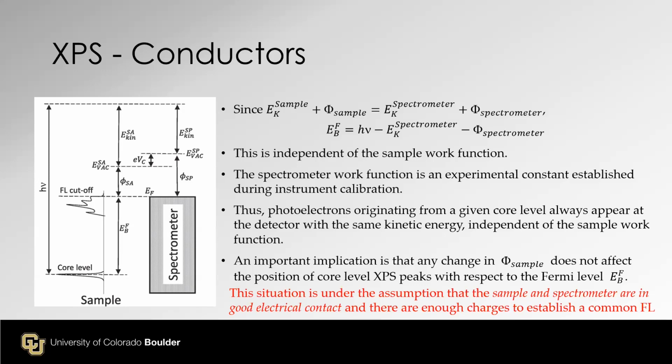The difference is always the Fermi level. This situation is under the assumption that the sample and the spectrometer are in good electrical contact, so the Fermi levels for both the sample surface and spectrometer are aligned.